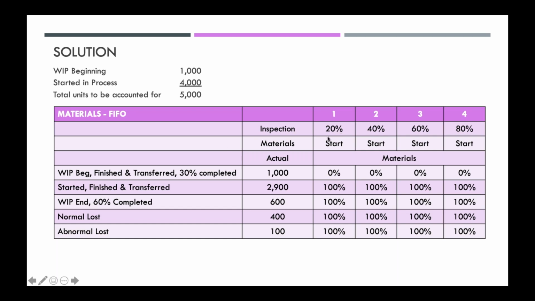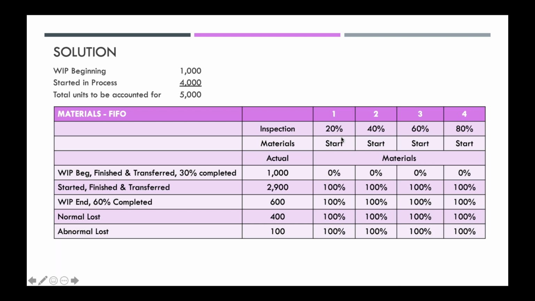So, if materials is added at the beginning and then nag-run yung procedures natin and then naka 20%, so therefore nalagyan muna siya ng materials bago nag-inspect ng 20%. Right? Kaya meron siyang 100% work done for materials.